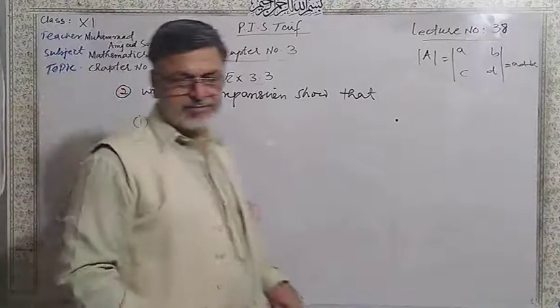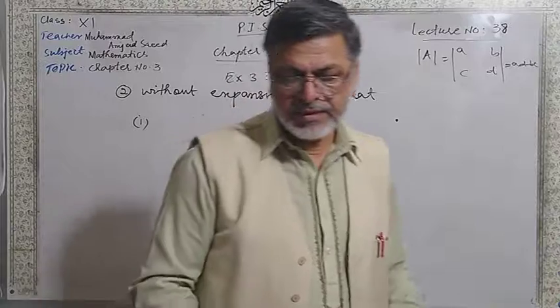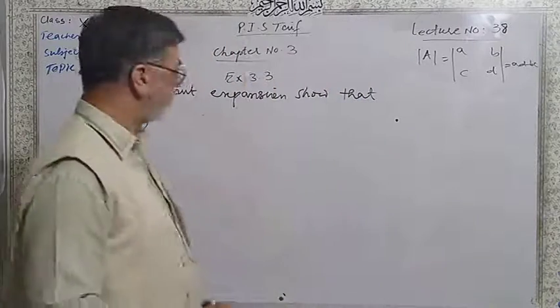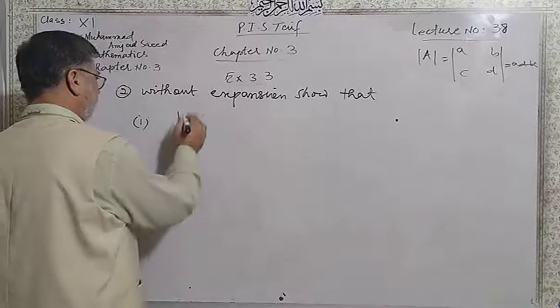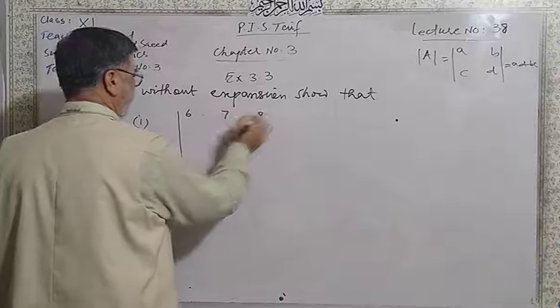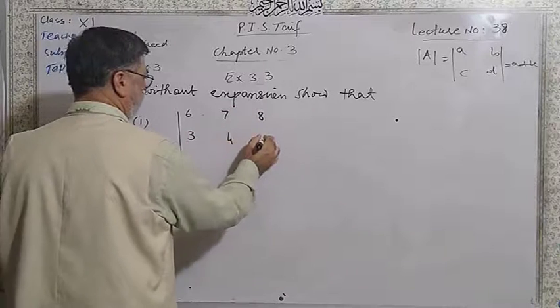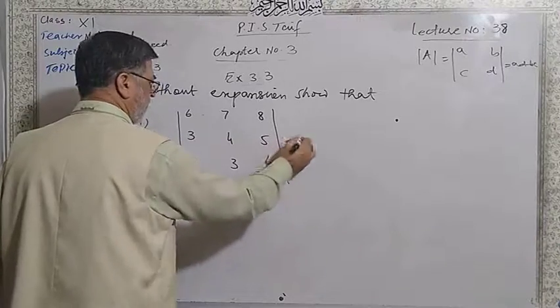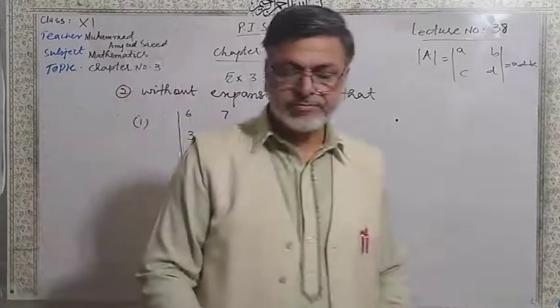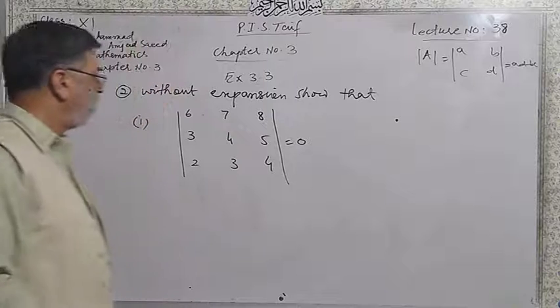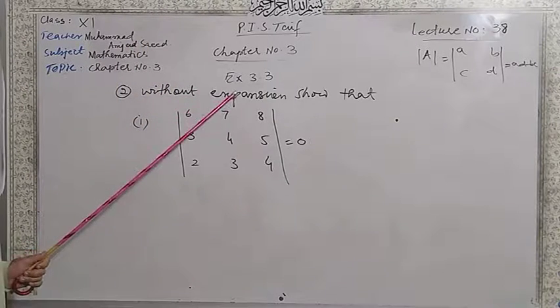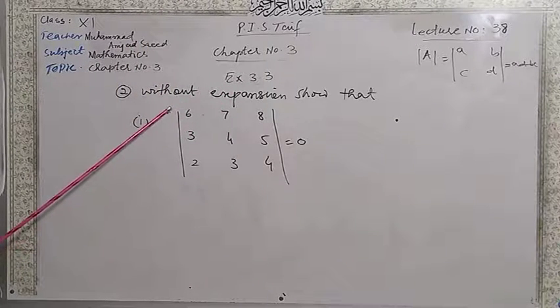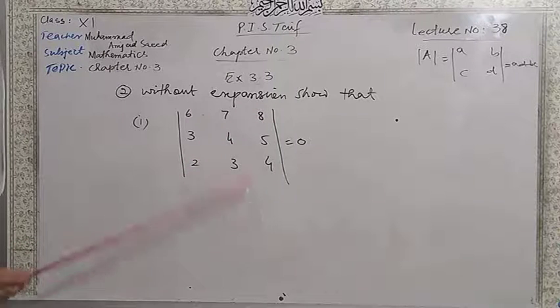Number 1: we have the determinant with rows 6, 7, 8; 3, 4, 5; 2, 3, 4, equal to 0. So without expanding this determinant, we have to prove that its value is equal to 0.